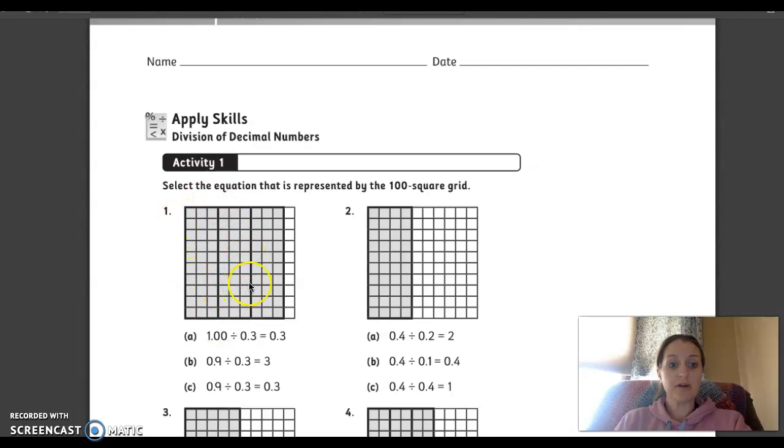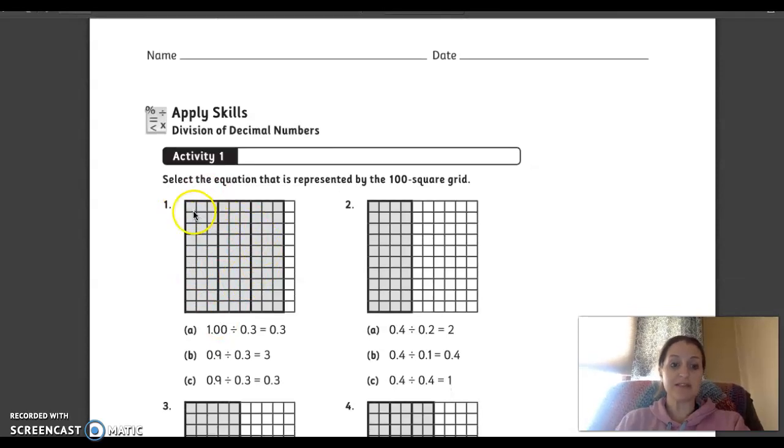From here, let's count how many columns of 10 we have. We have 1, 2, 3, 4, 5, 6, 7, 8, 9. So we have 9 columns of 10, and we know that 9 times 10 equals 90, so we are going to be working with 0.9.